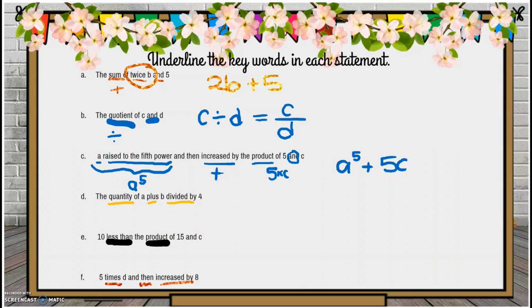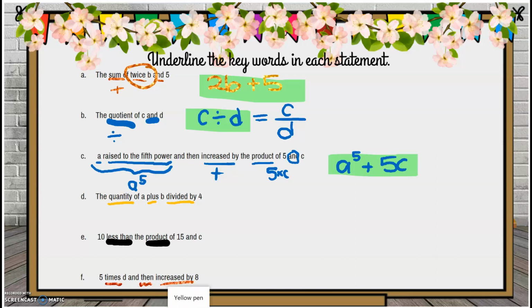So far my answers are here, 2B plus 5. And then I have C divided by D. Then I have A to the 5th power plus 5C.